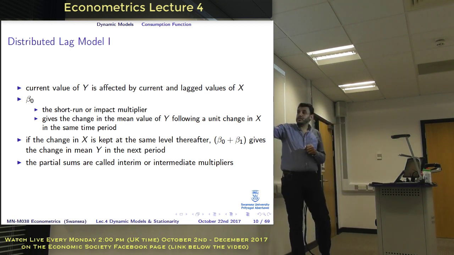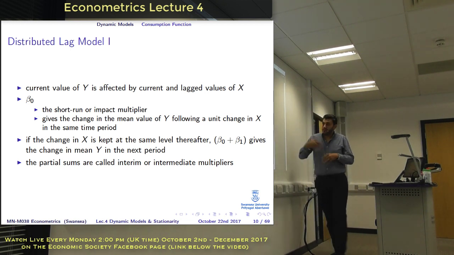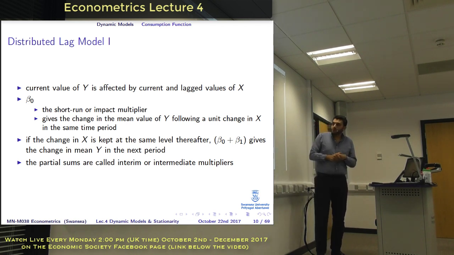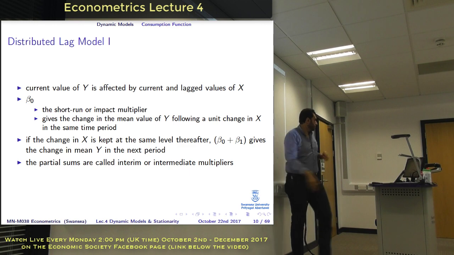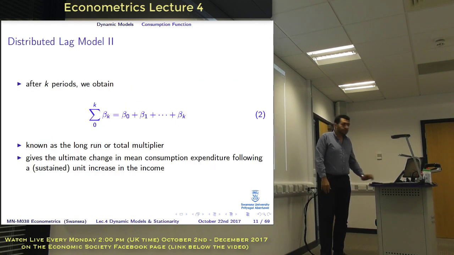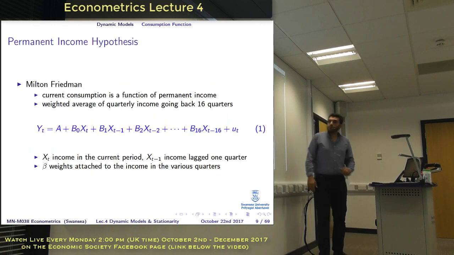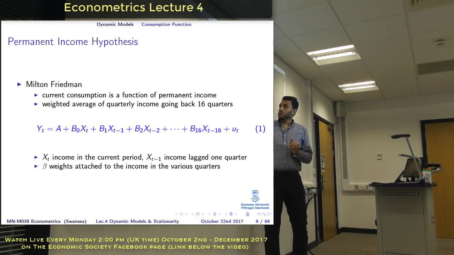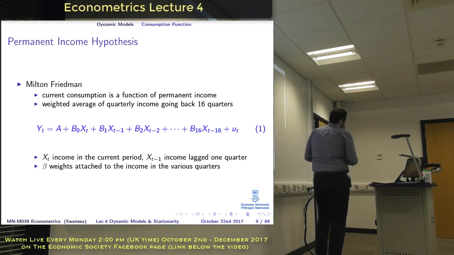If the change in x is kept at the same level thereafter, then beta 0 plus beta 1 will give us the change in the next period. If you think of this part of the equation, the impact of these two on yt will be the sum of beta 0 and beta 1.